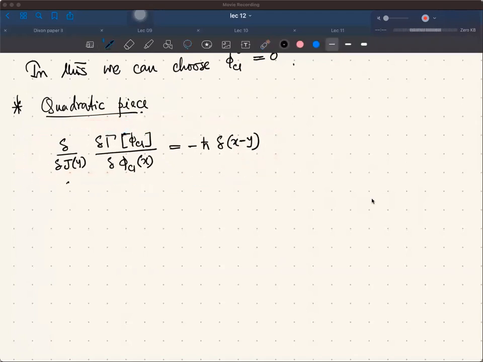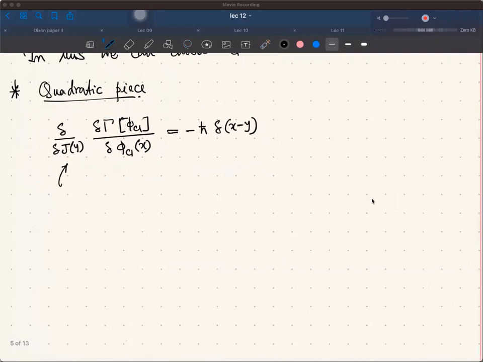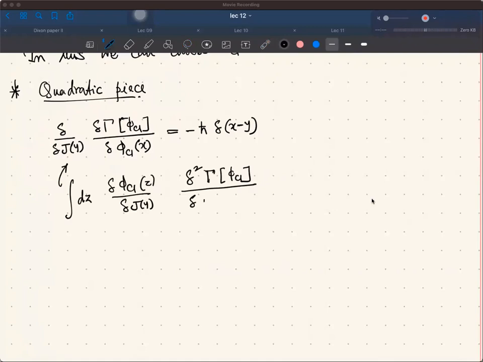This left hand side can be written by using the chain rule in the following way. It is del phi CL z del J y times del 2 gamma phi CL over del phi CL z del phi CL x.